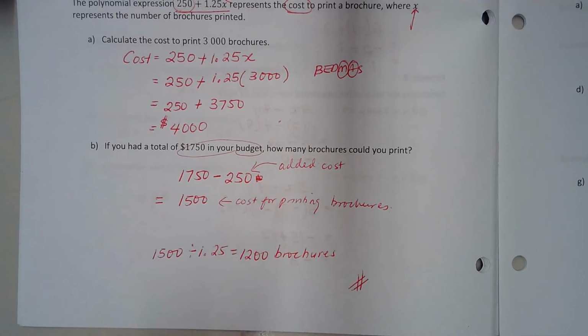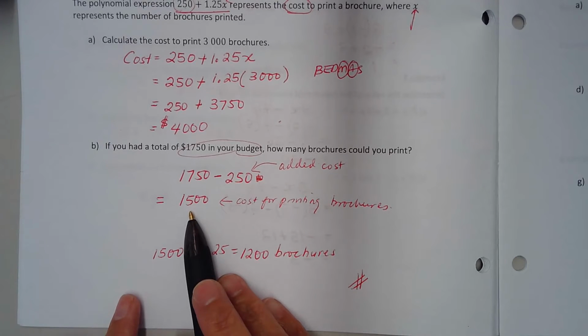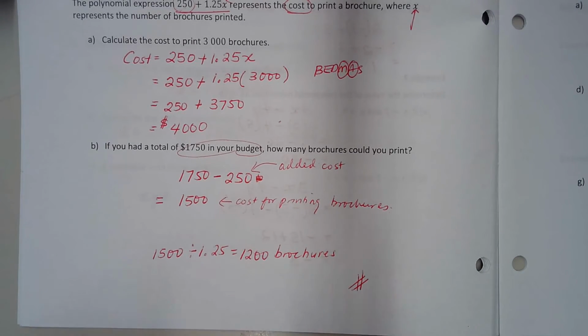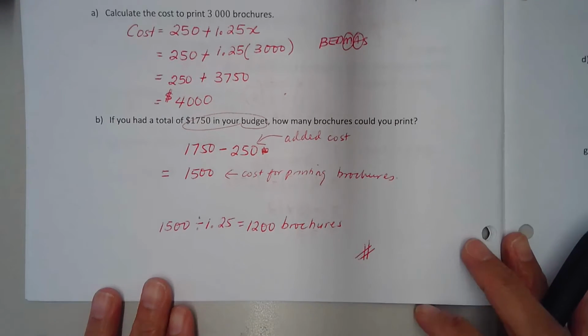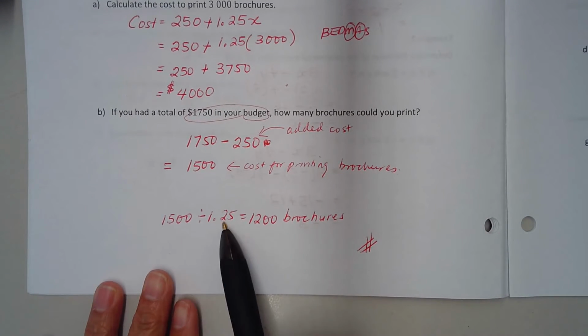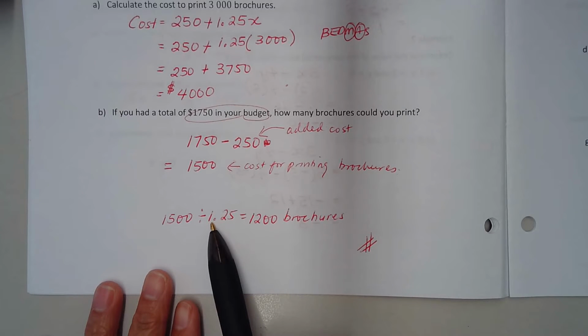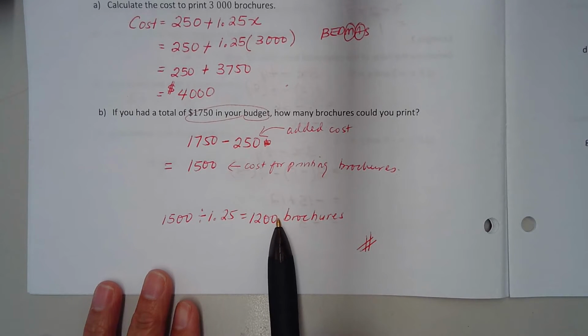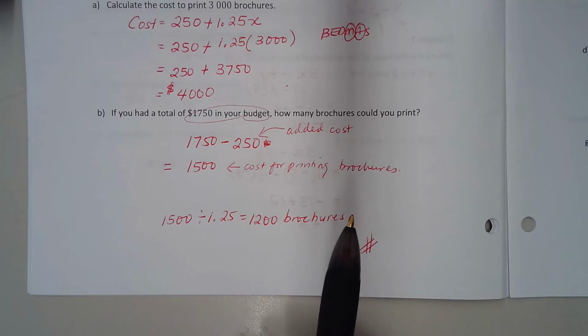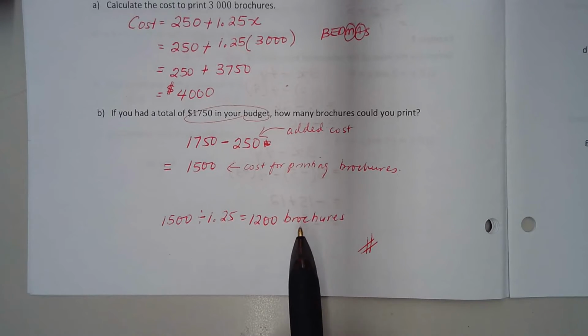So those are just the constant amount. If we take that away, we're left with the amount just for the brochures, not for the extra stuff. So now, once we have that, we divide by $1.25 per brochure. So divide that by that, and you're going to get 1,200 brochures.